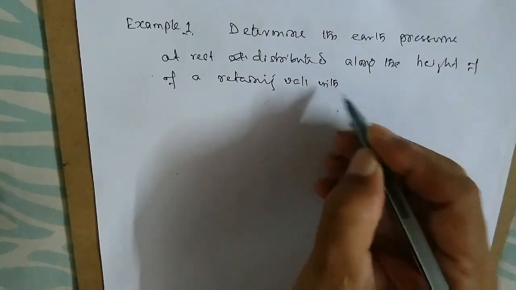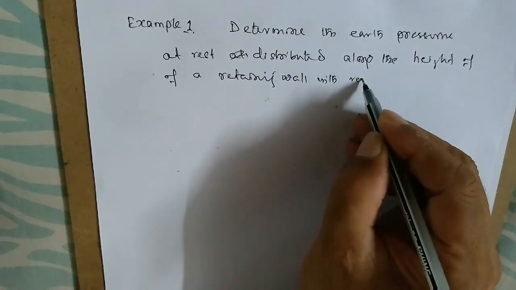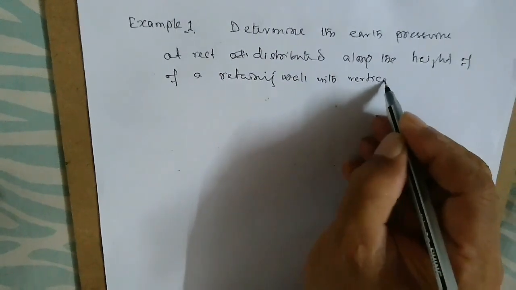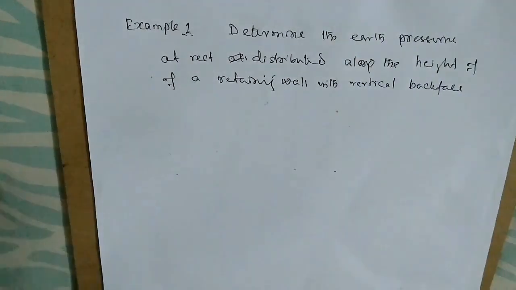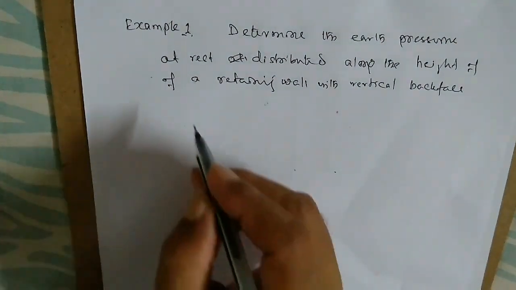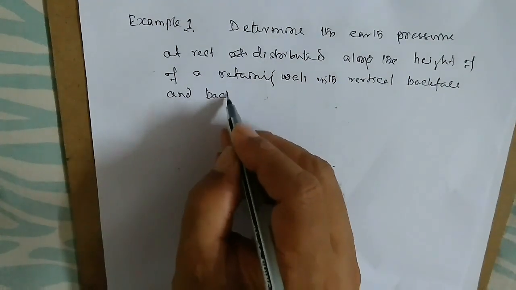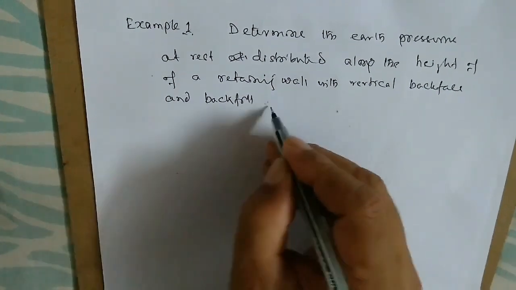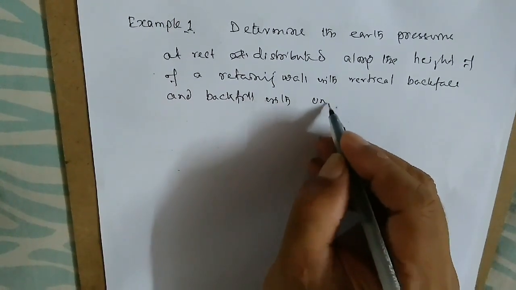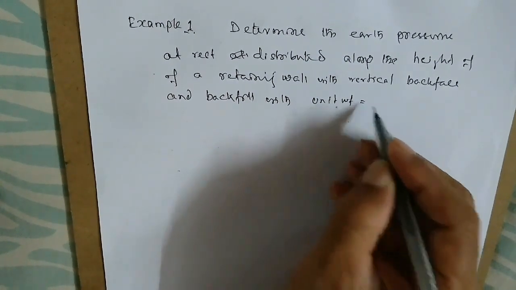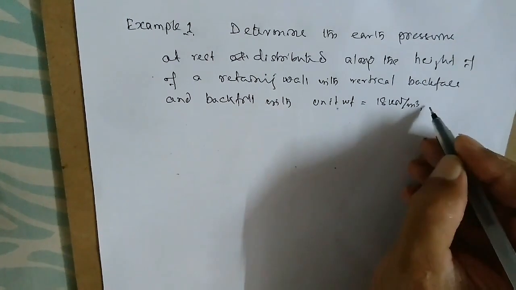with a vertical back face and backfill with unit weight 18 kilonewton per meter cube.